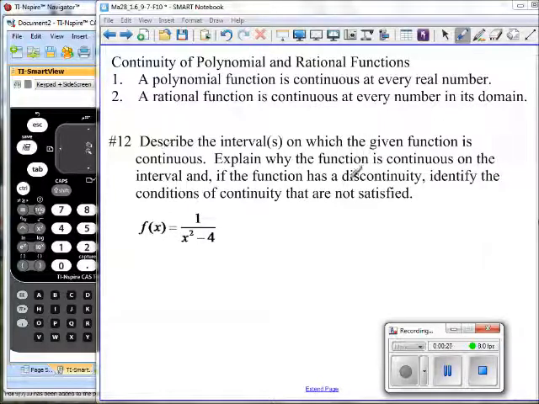Okay, describe the intervals in which the given function is continuous. Explain why the function is continuous on that interval, and if the function has a discontinuity, identify the conditions of continuity that are not satisfied. Okay. I'll let you kind of work on that on your own.